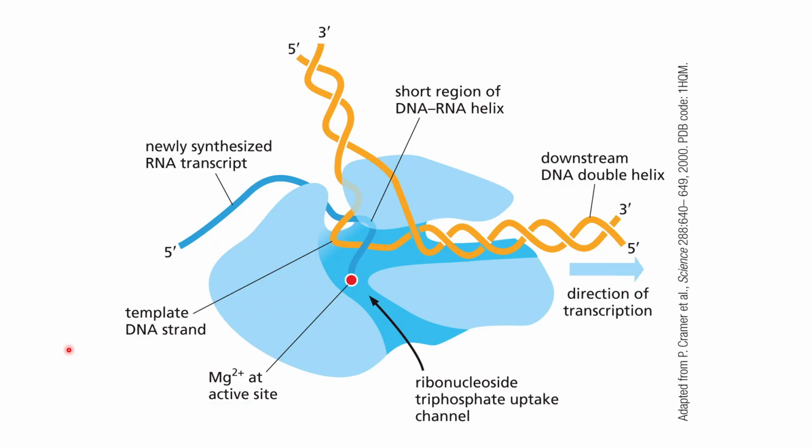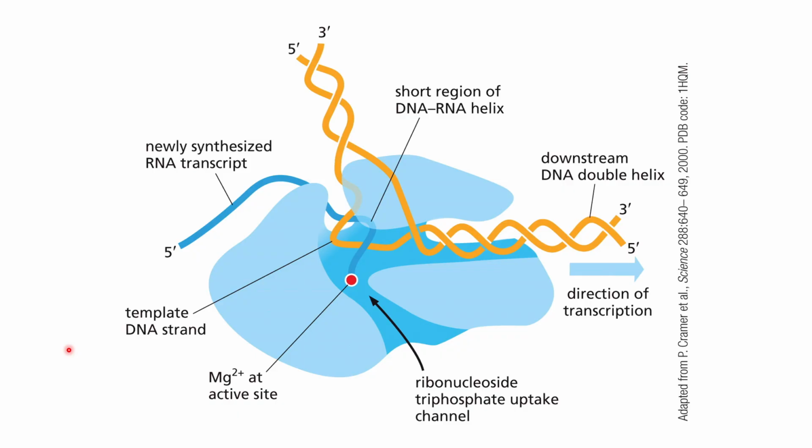And with studies that have been done over several decades, scientists have discovered that RNA polymerase is not the same as DNA polymerase in terms of what's holding it together, the shape of it, the functionality of it. It's similar to DNA polymerase, but it's not identical. We cannot overlay the two.